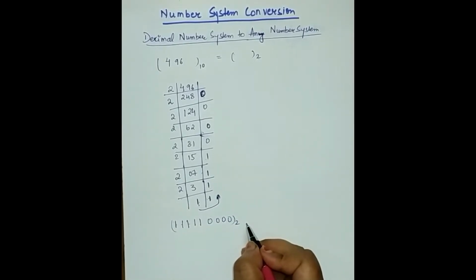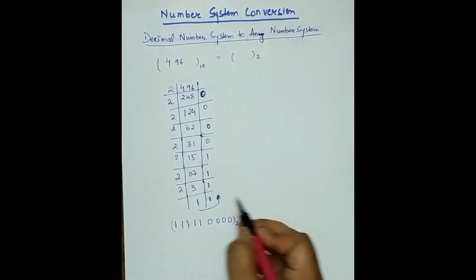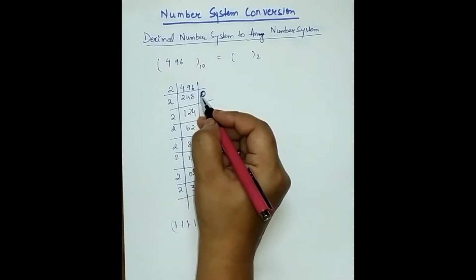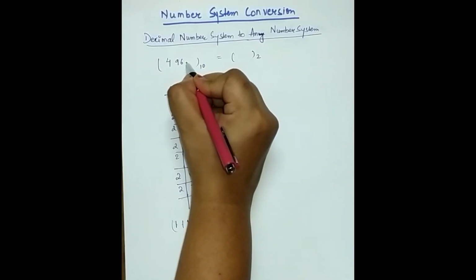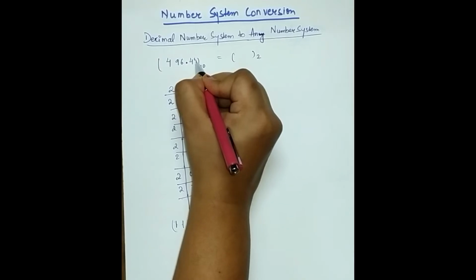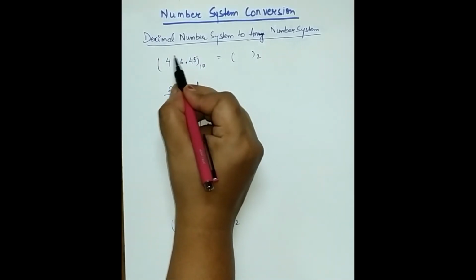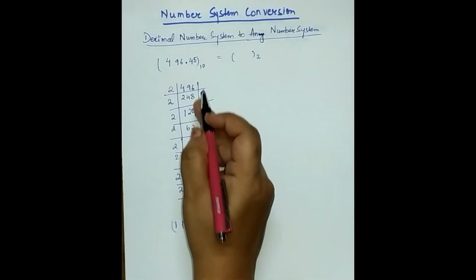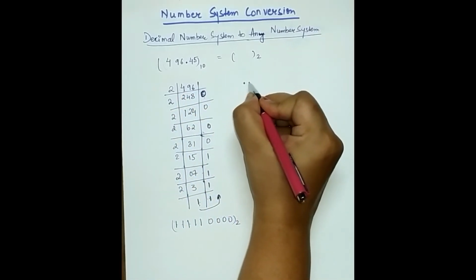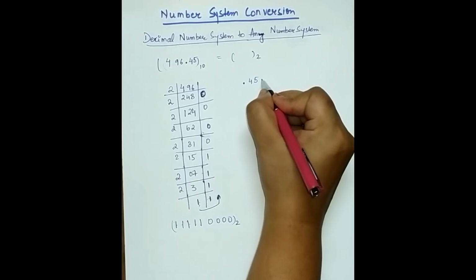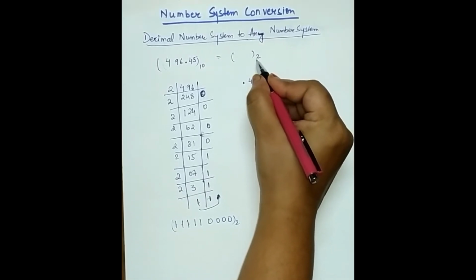Now suppose I change the same question. There was no fractional part in this question. Now suppose I have a fractional part, like 496.45. For the integer part you will do the same procedure, and for the fractional part you do this: 0.45 into 2, since you have to change it into base 2.